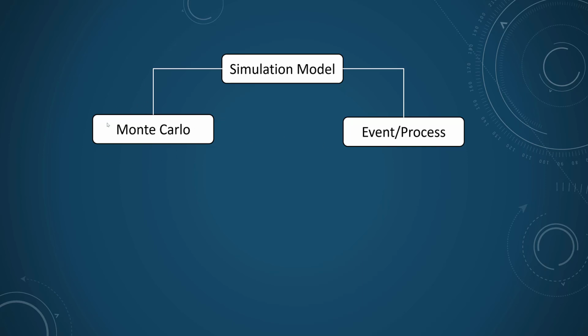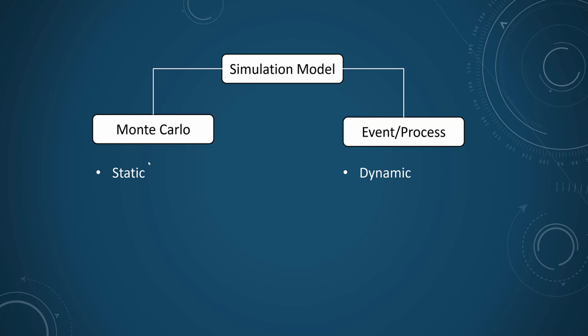Monte Carlo comes from the fact that it involves random things, like in a casino. But we're not going to be getting into any casinos here. All right, so let's look at the contrast between these two broad categories of simulation modeling.